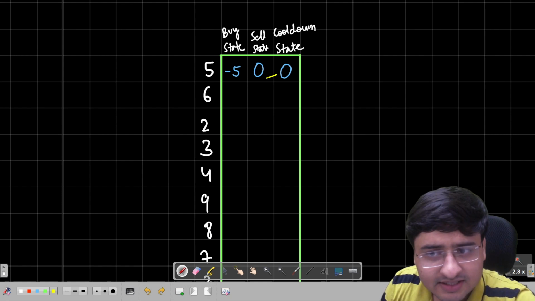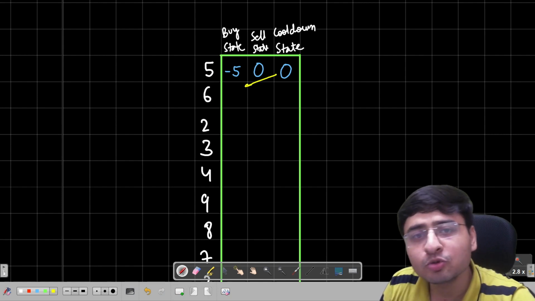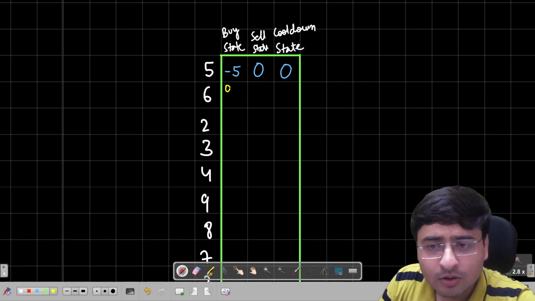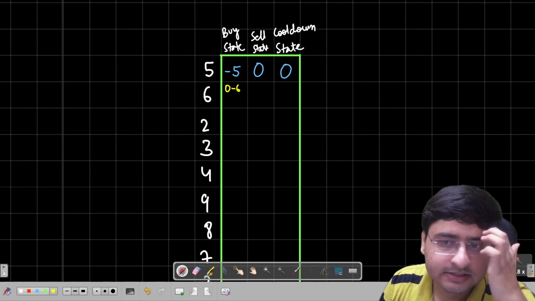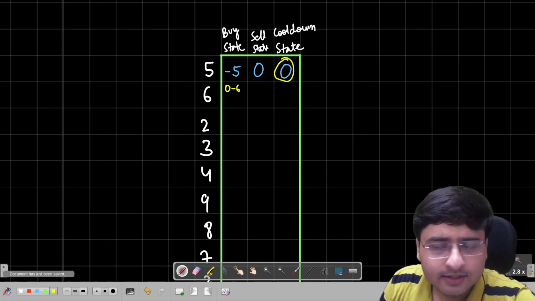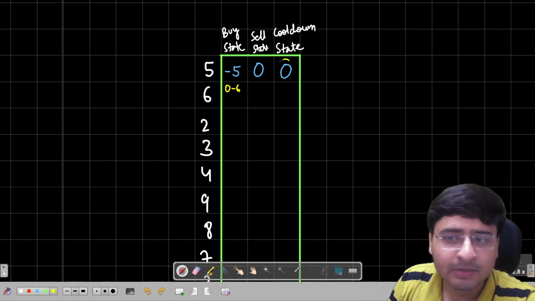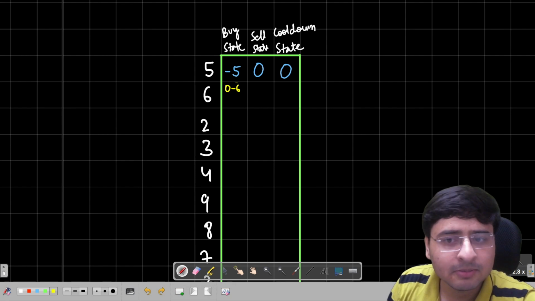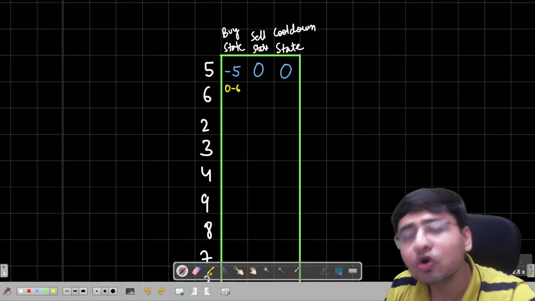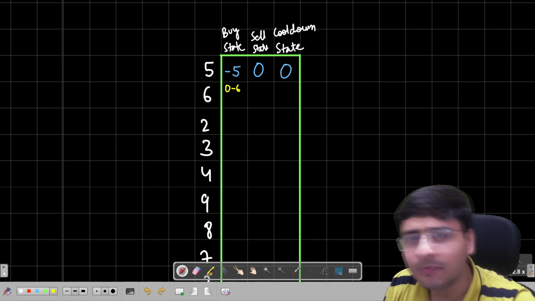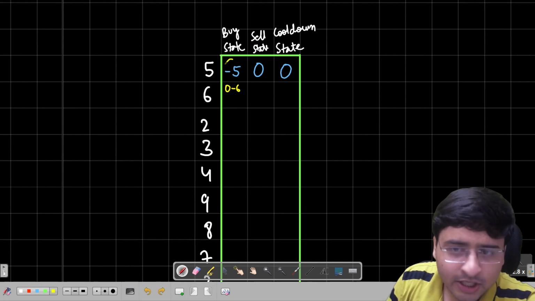So if the previous day is cooldown, the profit I'm able to make is 0 minus 6, which is minus 6 itself, correct? I can only buy after cooldown. So if I buy today, the previous day will be cooldown and the profit I'll be able to make is minus 6.